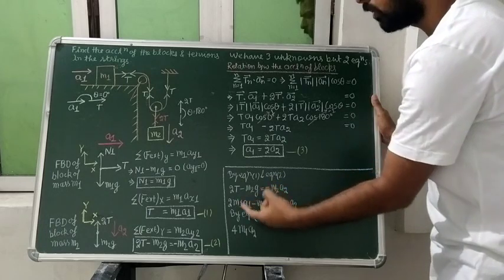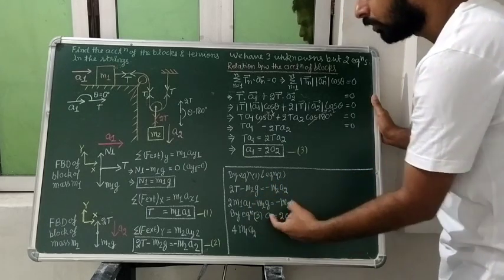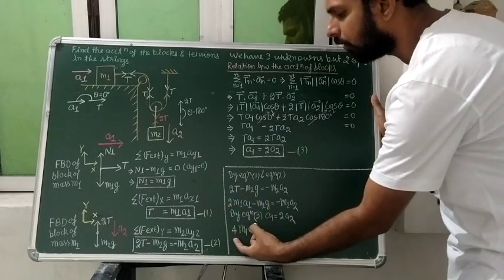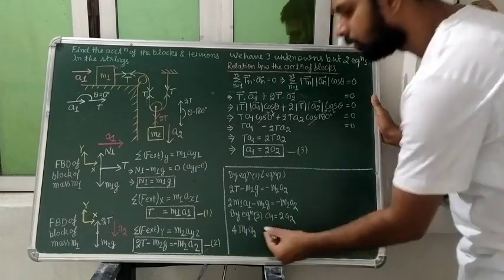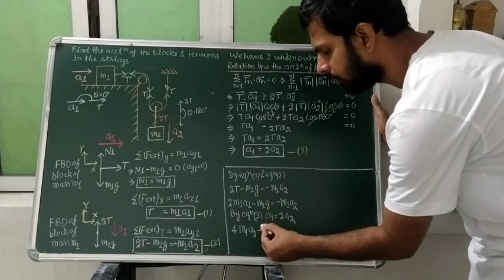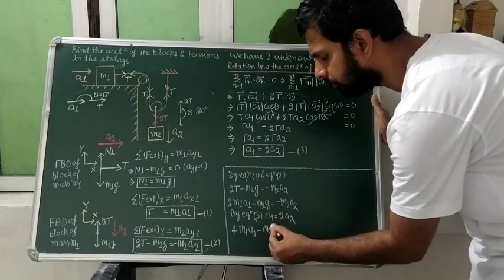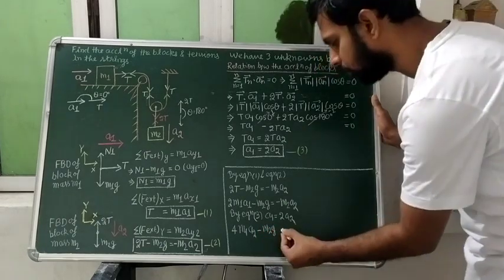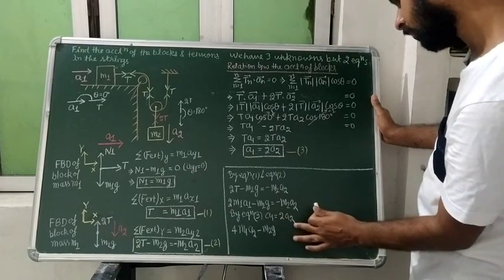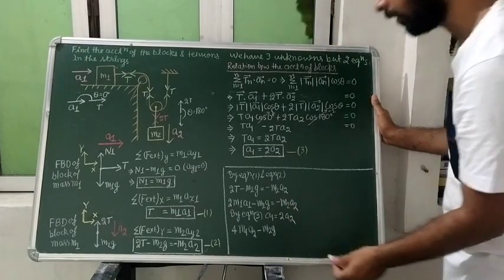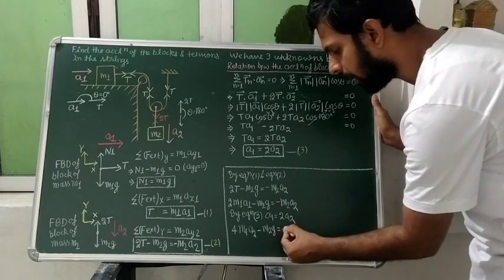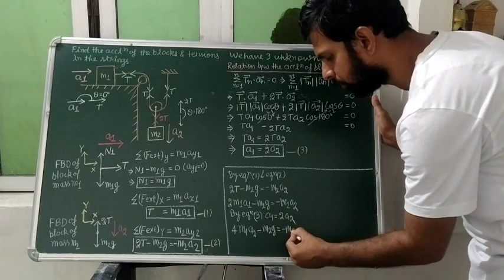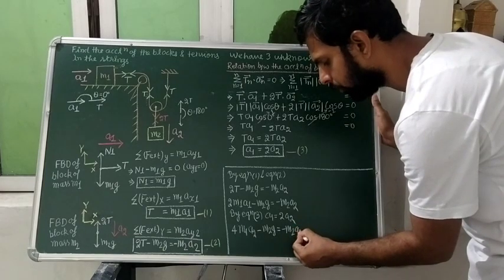In place of a1, you write twice of a2, so 2 multiplied by 2 will give you 4, minus m2g, that should be equal to minus m2a2 here.